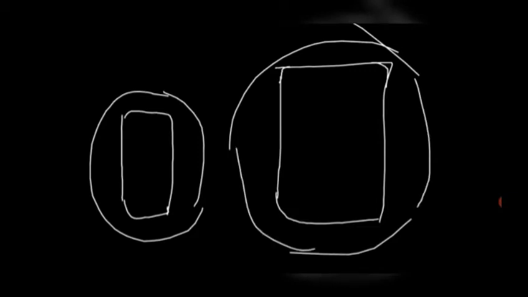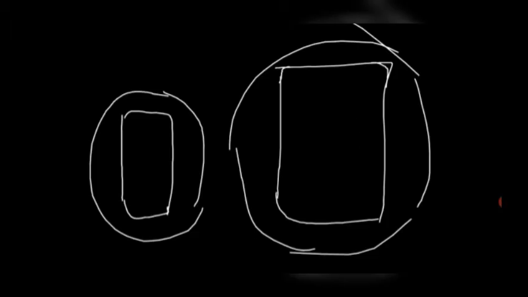So let's say this is my base case. If there is a circle, what are the similar figures? Exactly the same but bigger, or exactly the same but smaller.